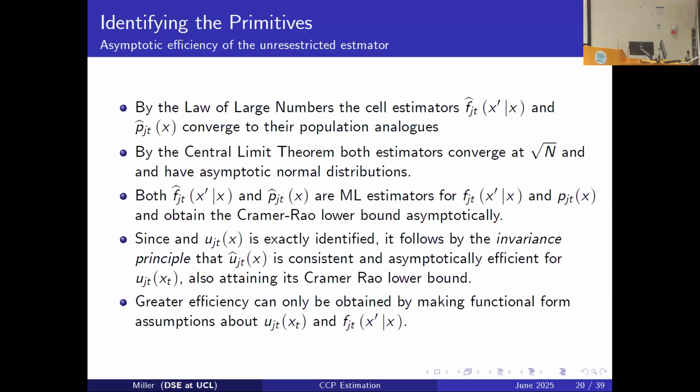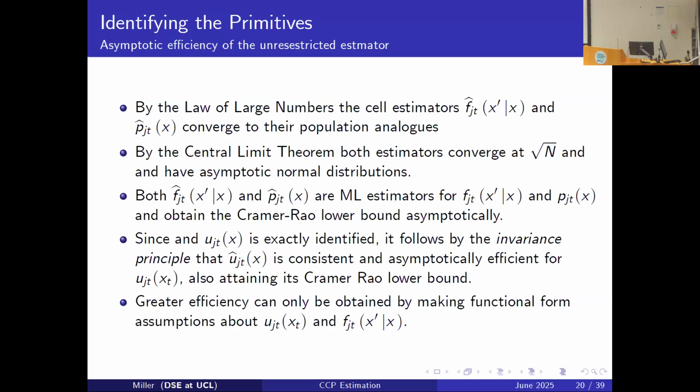So it's clearly consistent, asymptotically efficient, attaining the Cramér-Rao lower bound. What's the significance of that? It means automatically that the only way you can get something that is more efficient than that is to impose assumptions on the U function. Nothing wrong with doing that. Everyone does it, okay?